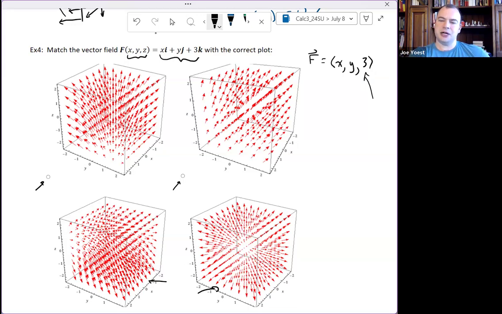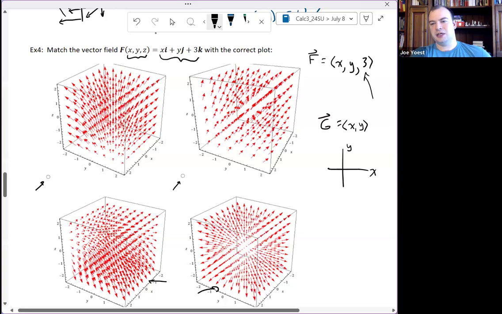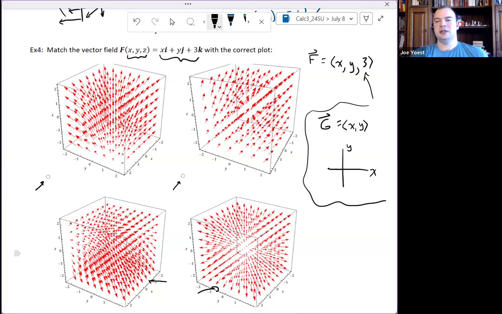My z component is constant, so maybe it would benefit me to look at, say, a 2D slice, which I could also think of as a vector field in 2 dimensions, x and y. So just doing some scratch work over here. Since my z component is always just 3, I can look at what is my x and y contribution to that vector.